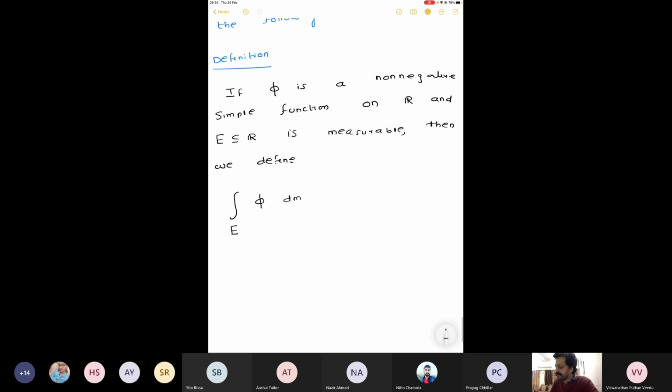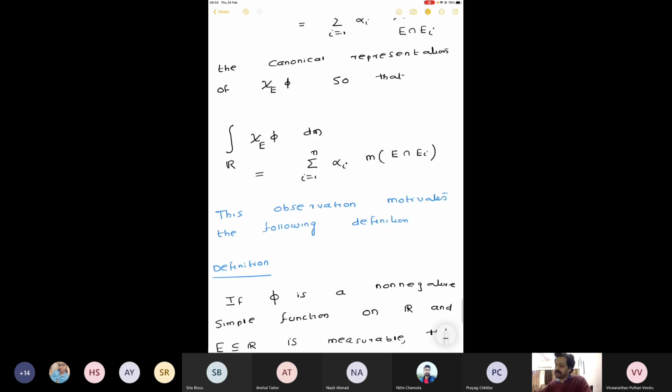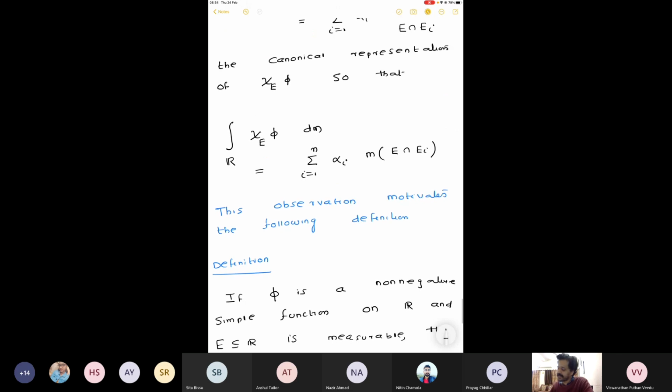So far we were doing only integration over the entire R. Now we are integrating over any subset of R. How do I do that? You interpret this as the integral over R of chi E phi dm. And how to do the integral over R of chi E phi dm? You already told. Once phi is simple, chi E phi will be simple. It has a canonical form, and you know how to integrate this.